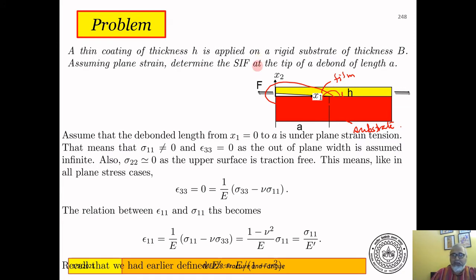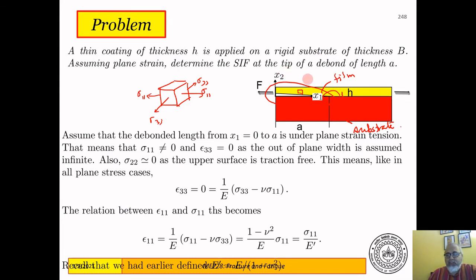Now we start by realizing that if I take a small element here, this small element is actually subjected to sigma 11 and sigma 33, nothing else.